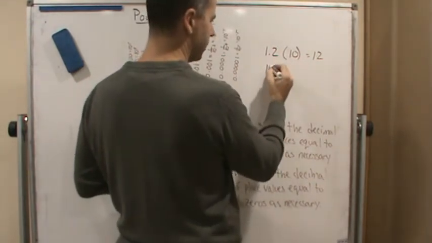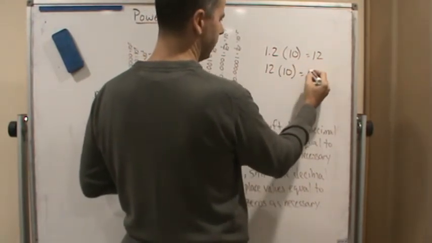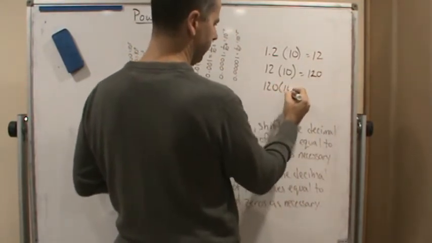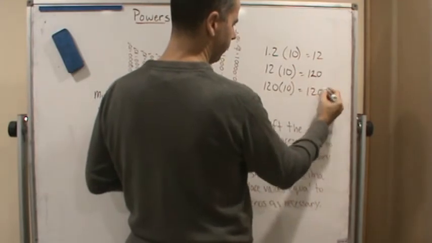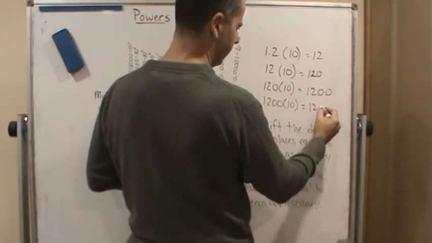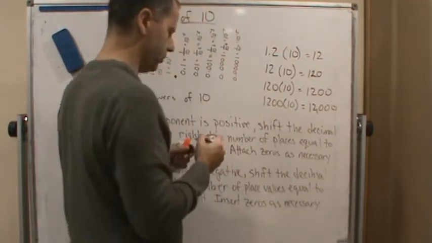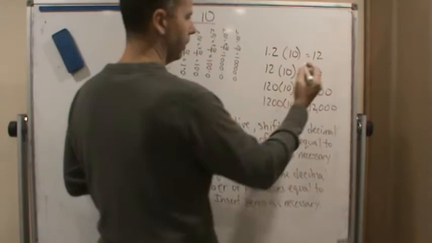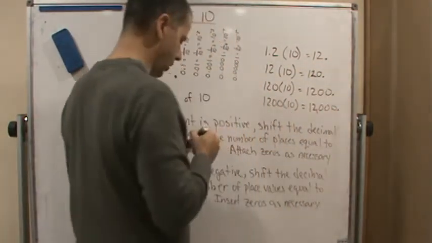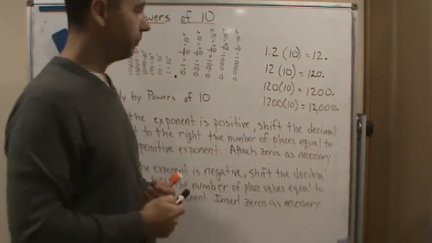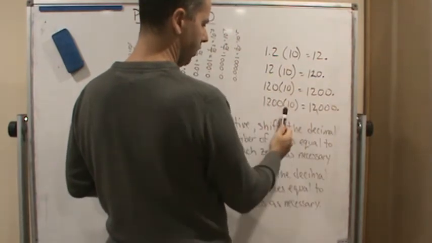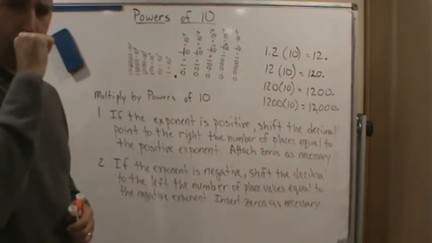If we take 12 times 10, that equals 120. 120 times 10 is 1200. And 1200 times 10 is 12,000. So notice what's happening here. I'm going to put the decimal point in. Every time we multiply by 10, it's moving the decimal point to the right and adding a 0.